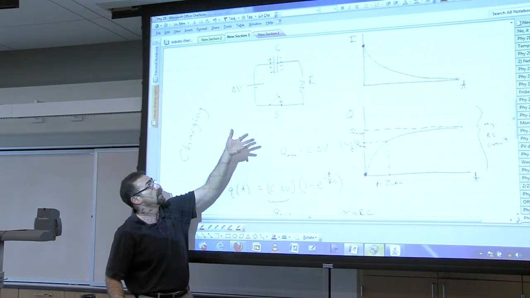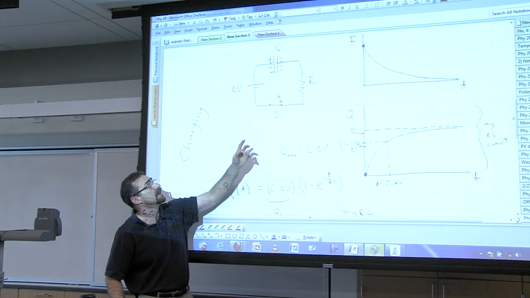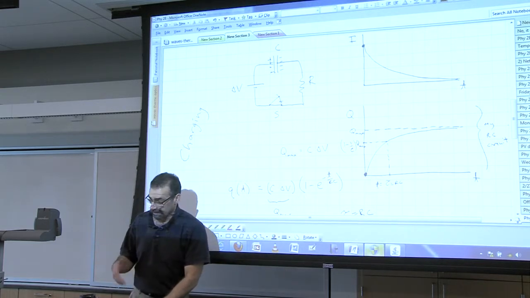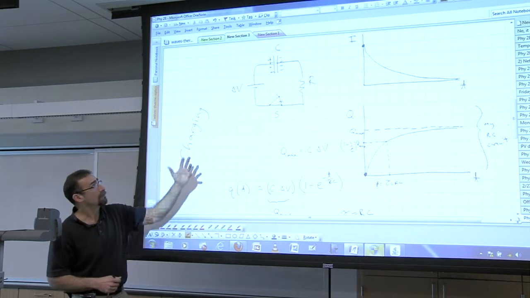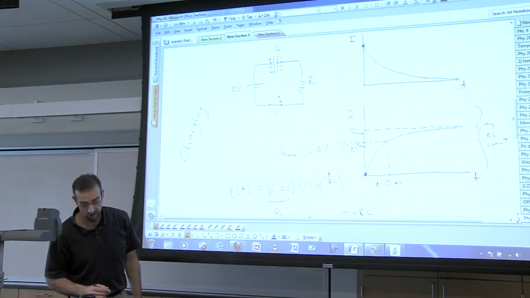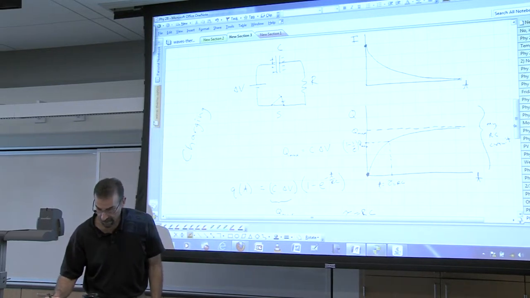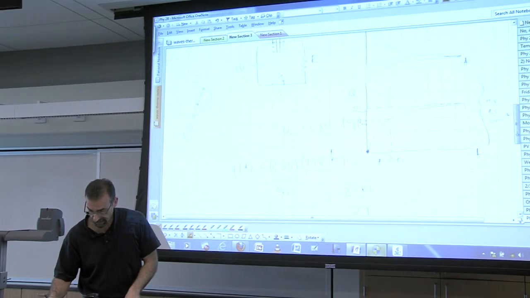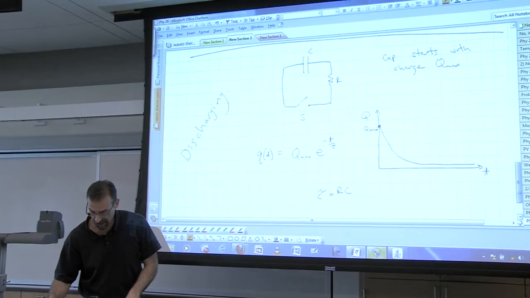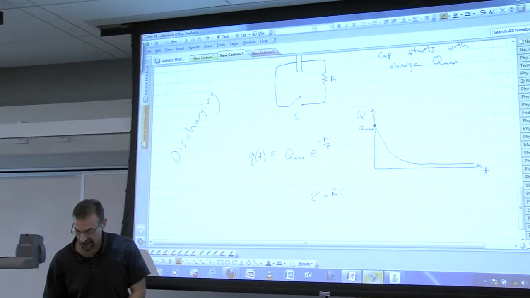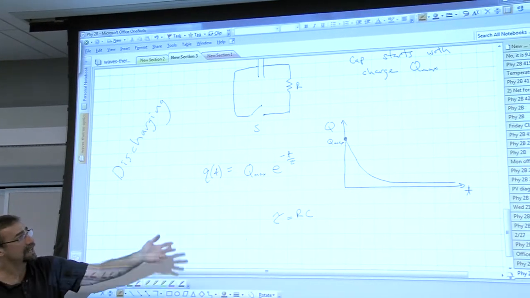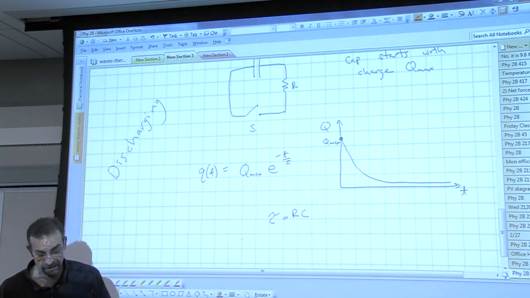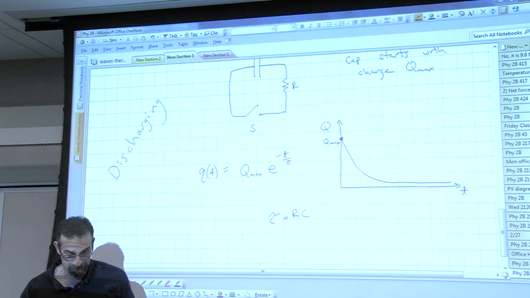If we're switching slowly or the capacitor is small, then it does affect the flow of charges. So we'll learn about that more later, but I wanted to lead into what we'll get to with AC circuits. All right, so RC circuits. Charging or discharging, we've got this equation that tells us the time dependence of the current or the charge on the capacitor either way.